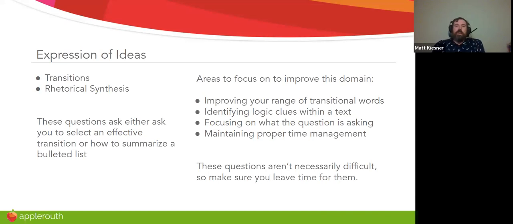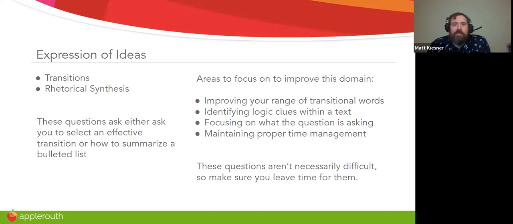So for this one, obviously, improving your range of transitional words. I know that we all know how to use but and yet and so and however, furthermore, and stuff. But I find that for some of my students, they need a little bit more vocabulary review on transitions. When they see moreover or subsequently, and they don't feel confident in those definitions. I don't know that most students are going to need a heavy vocabulary review to do well on the SAT.